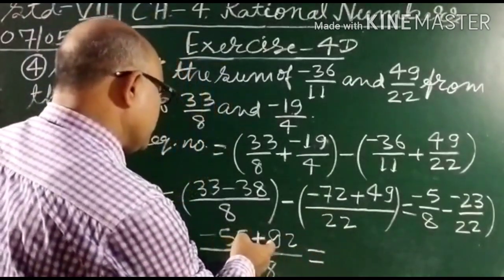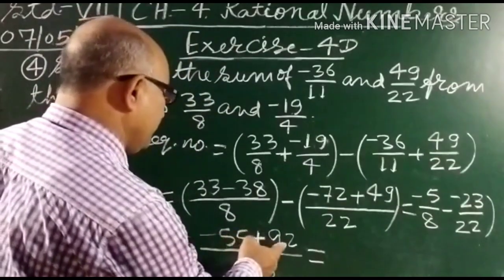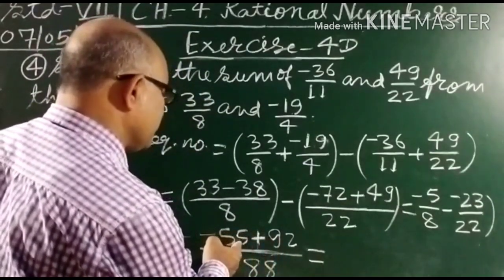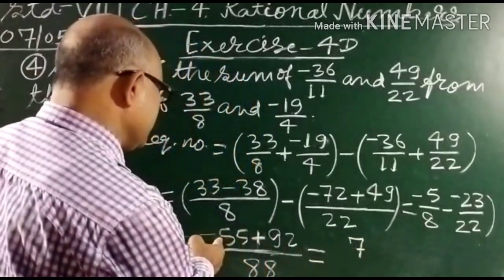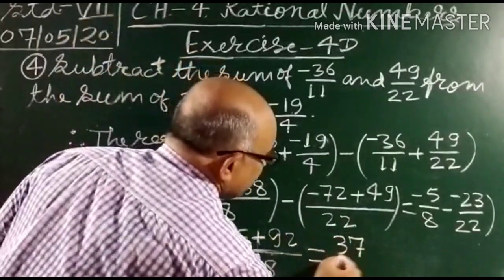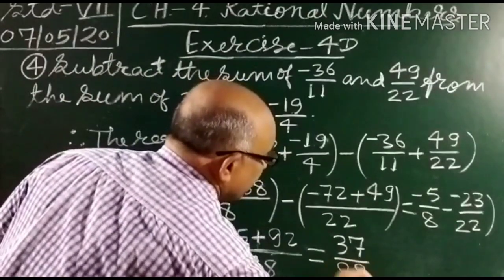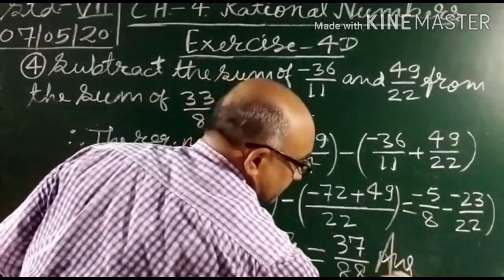Now 92 minus 55, 12 minus 5, 7, and 8 minus 5, 3, 37 by 88, answer.